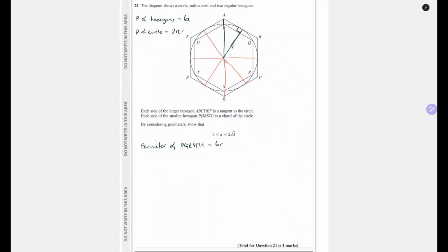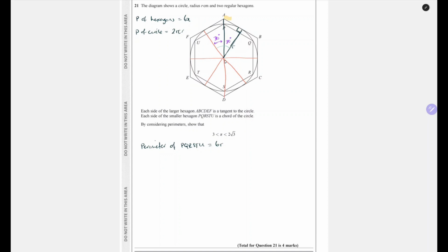And so the internal angle is going to be 60 degrees again. And so if that's 60 degrees, then this is going to be 30 degrees, as is this.